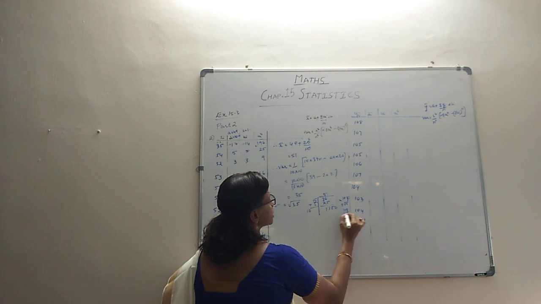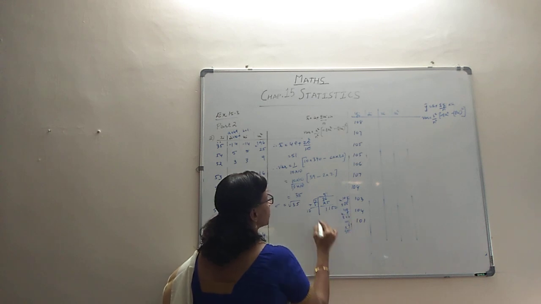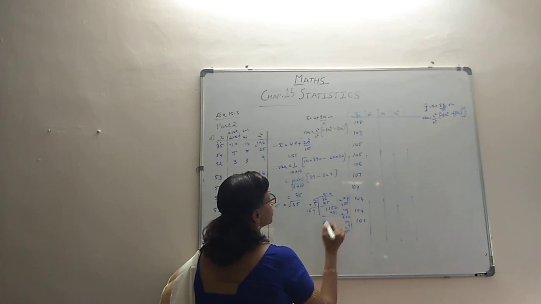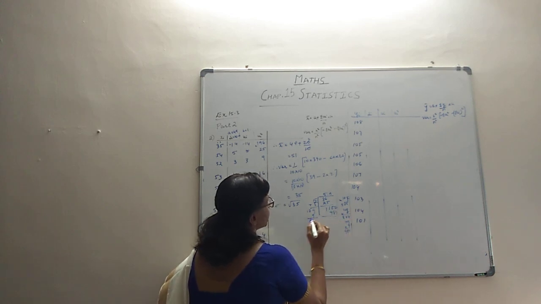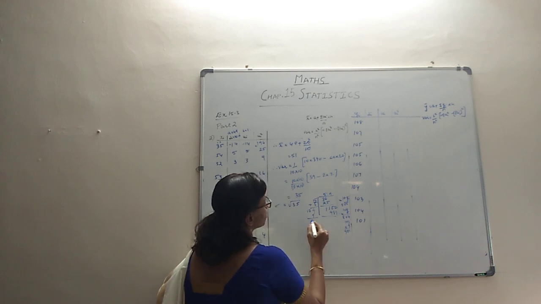So 8 we'll check. 8 8s are 64, 9 9s are 81. 981 should be fine. So 9 times 981.